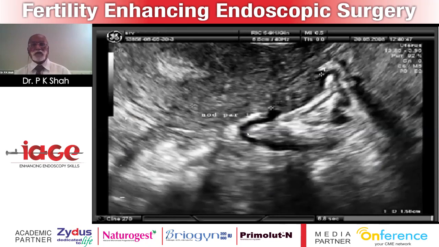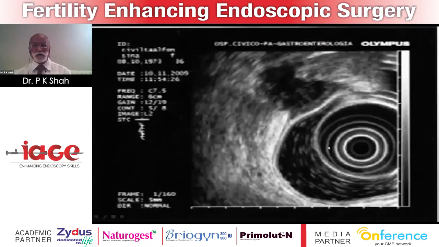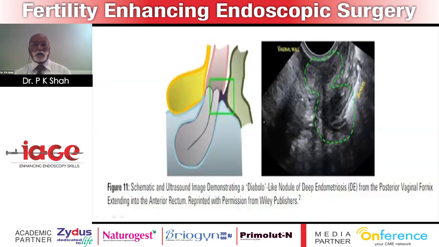This is a deep infiltrating endometriosis which is seen. Rectal sonography, which has a 360 degree picture, is very good for picking this up. This is the mass between the anterior rectal wall and the posterior vaginal wall, and you can't miss this. You know exactly where this mass is, and accordingly, you can go for laparoscopic surgery.